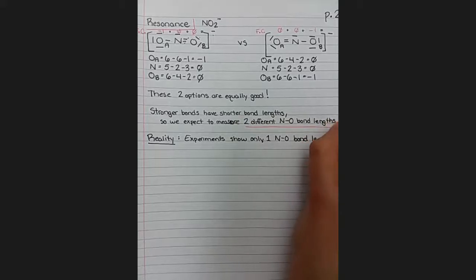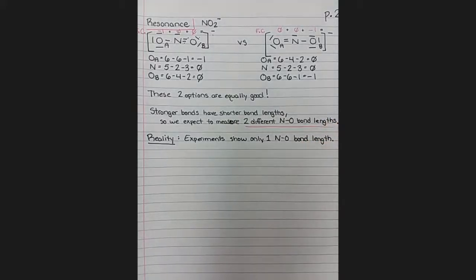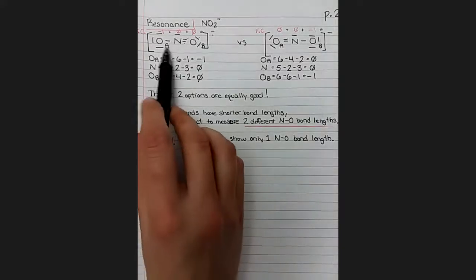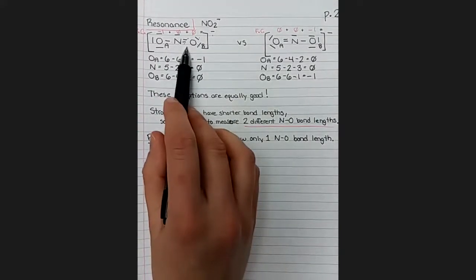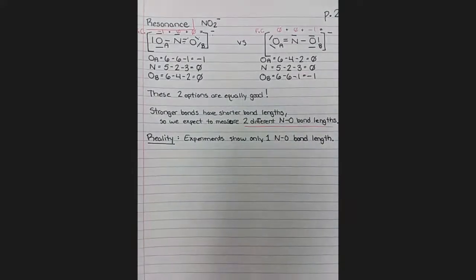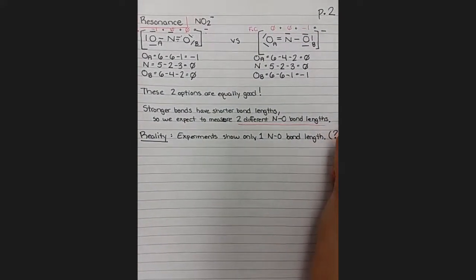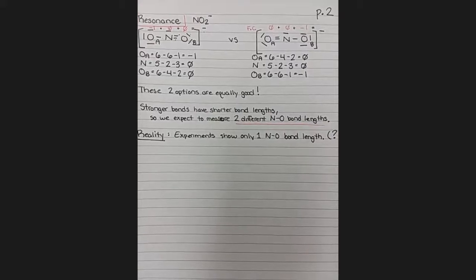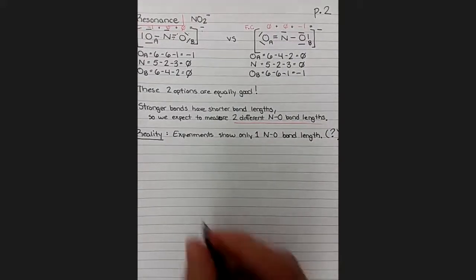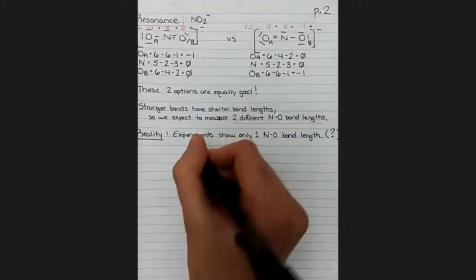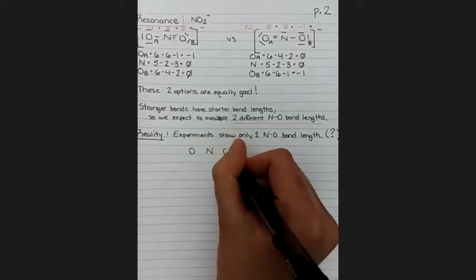No matter how many of these molecules we measure, we only find one NO bond length for all of them. So that means that this NO bond and this NO bond are the same length, so they must have the same number of electrons shared between them. Well, that doesn't work with the picture that we drew. So maybe we could try and redraw it. Maybe we could redraw the Lewis structure in a way that makes those two bonds equivalent.